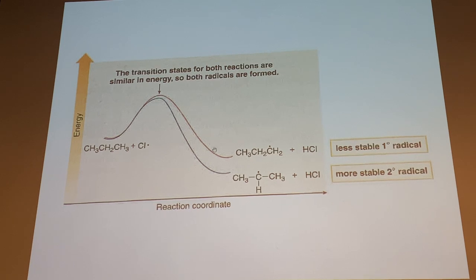But notice, we already talked about this. For chlorination, this first propagation step is what? Exothermic. So these transition states are going to resemble what? Not these radicals. The transition states are closer in energy to the starting material. And there's really no difference there for those pathways. Okay?